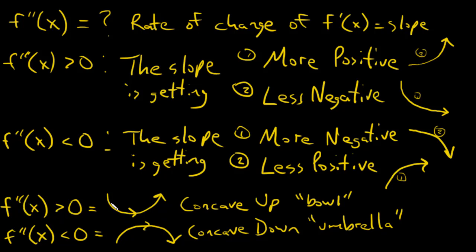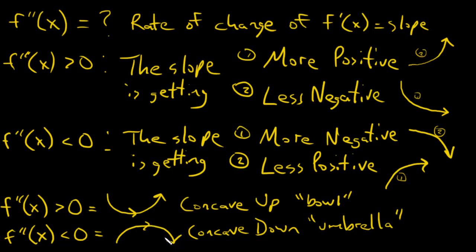When f double prime is greater than 0, I have one of two things happening. Either it's getting less negative or more positive, or f double prime is less than 0, it's going to be getting less positive, more negative. Ooh, that's hard to say.